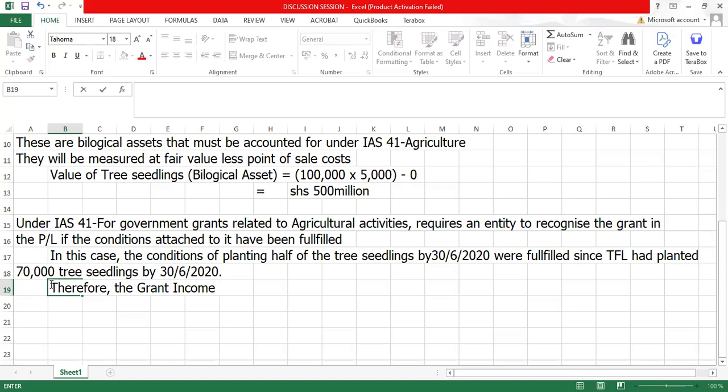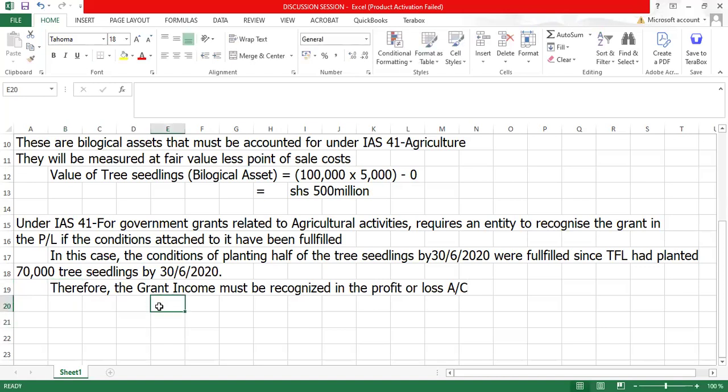In this case, the grant income must be recognized in the profit or loss account. It means that here we are debiting the biological asset, our asset, that is the tree seedling, by 500 million. Remember, biological assets appear in our balance sheet.